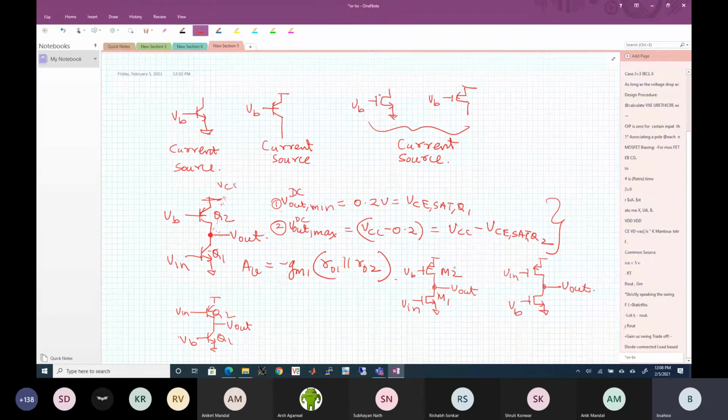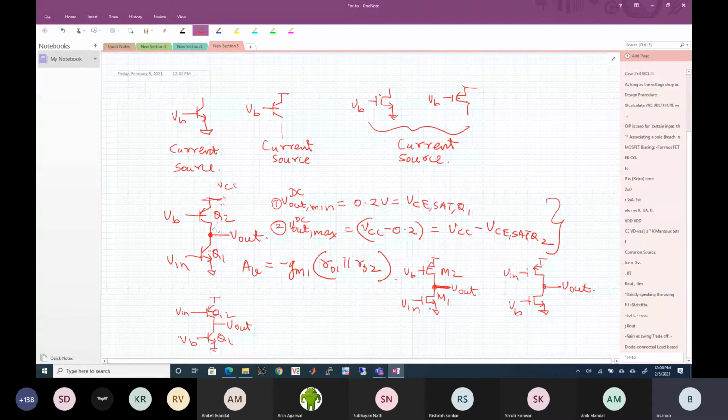Now in case of the MOSFET, let us analyze the NMOS case. What is the minimum output voltage before M1 enters triode region? Can anybody tell me that? What is the output voltage at which this M1 enters triode region?